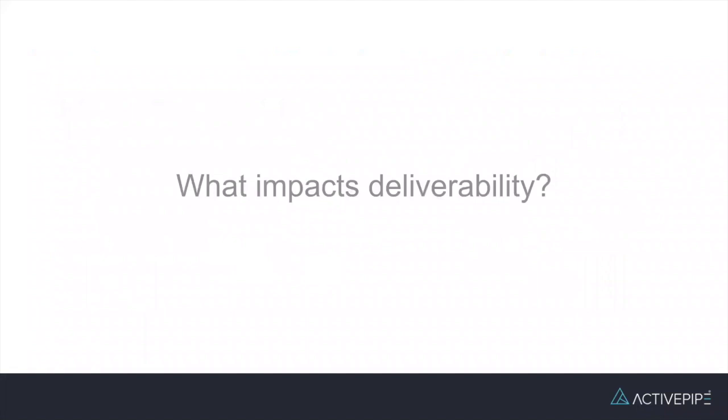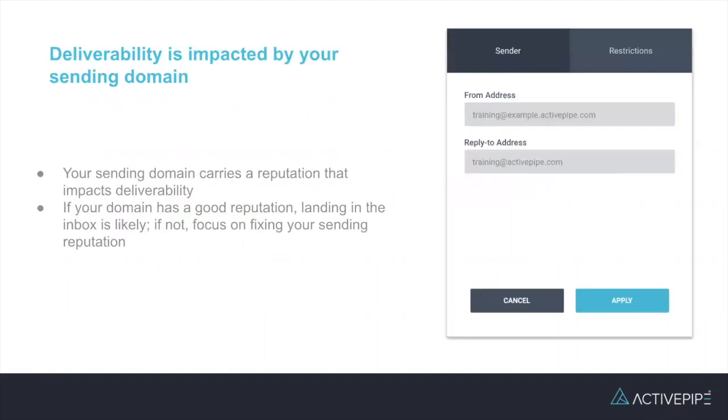So what impacts deliverability? Now that we've established our definitions and terms, let's look at how that translates in ActivePipe and what impacts deliverability for you. The first is your domain.